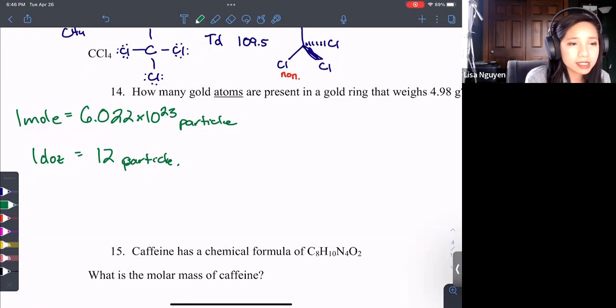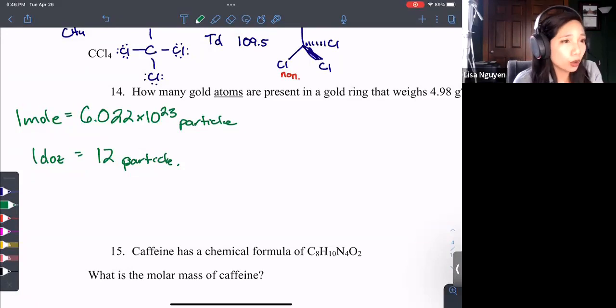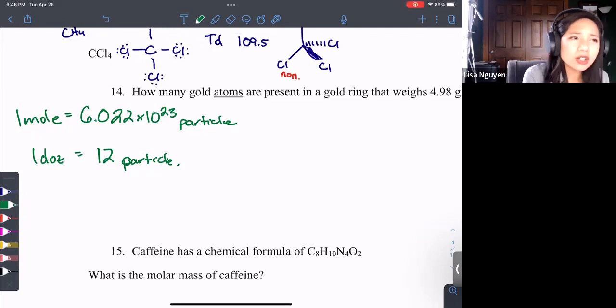So Lauren said the conversion here, you go from grams to moles to molecules. That's absolutely correct. The caveat, though, is molecules as if you're working with a molecule. If we look here at this example, gold. Is gold a molecule, Lauren? Not to put you on the spot. Gold is not a molecule. So instead of molecules, we're going to atoms. Just to be specific there, because this question is asking how many atoms of gold are present, but the calculation is the exact same.